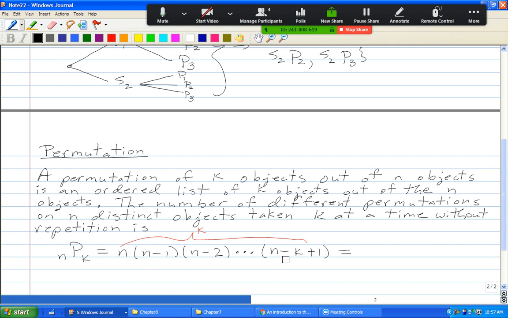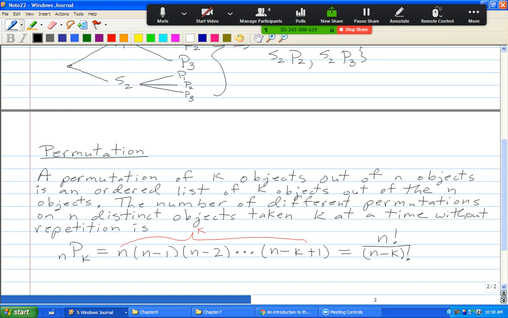And you keep doing this, and you do this k times. I'll be able to, in the near future, write this in shorthand notation. So let me write this in factorial notation. And then I guess I'll have to explain what that is.